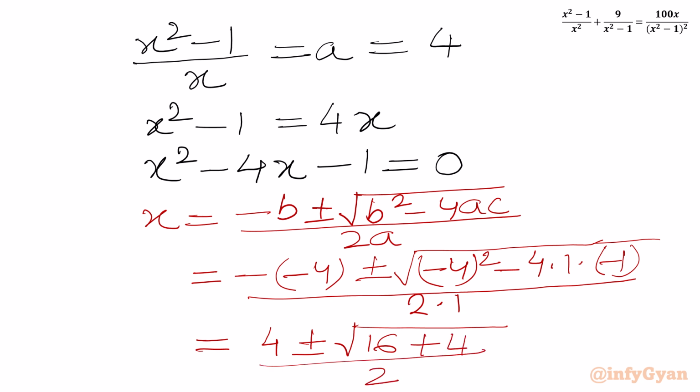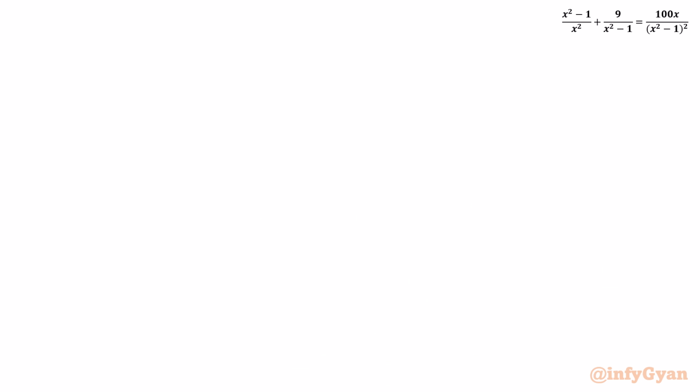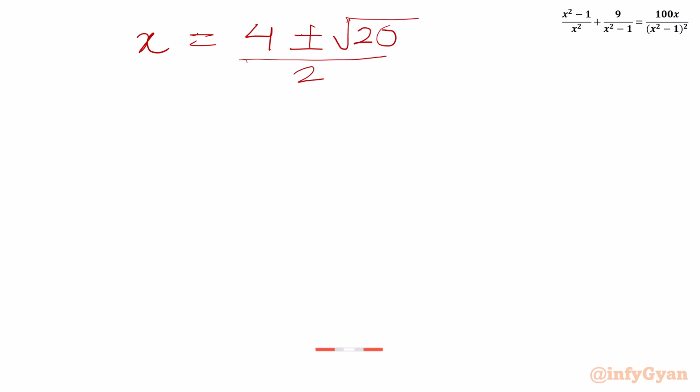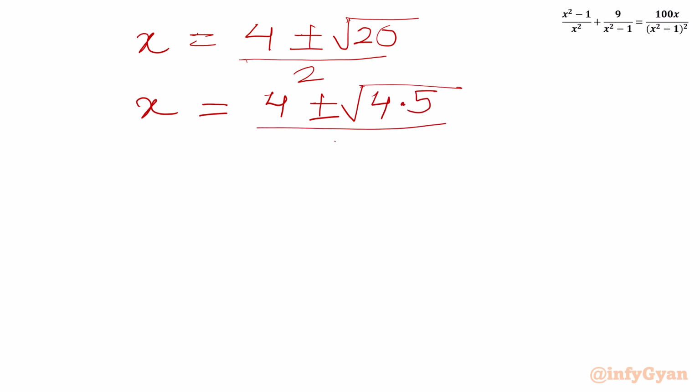So we can write x will be equal to (4 ± √20)/2. We can factor 20 as 4 times 5 and this 4 will come out as 2.